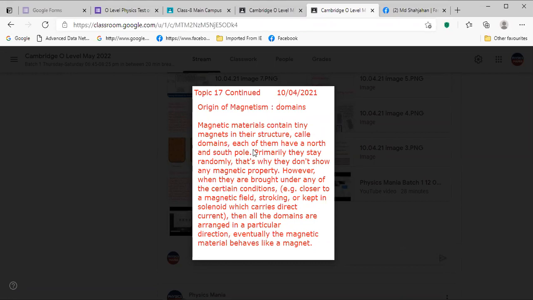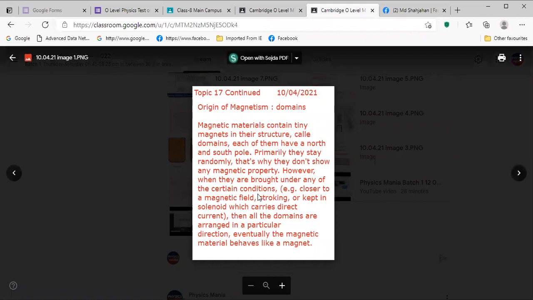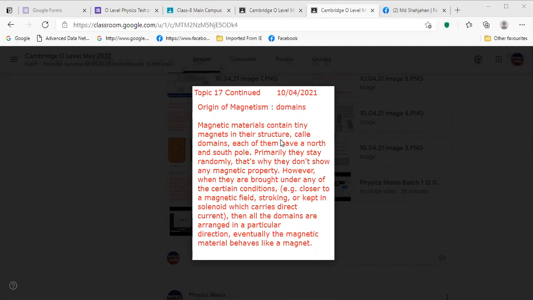The reason is that they contain domains, and these domains are not arranged in a particular direction primarily. When the magnetic materials are magnetized, then the domains are arranged in a regular pattern.